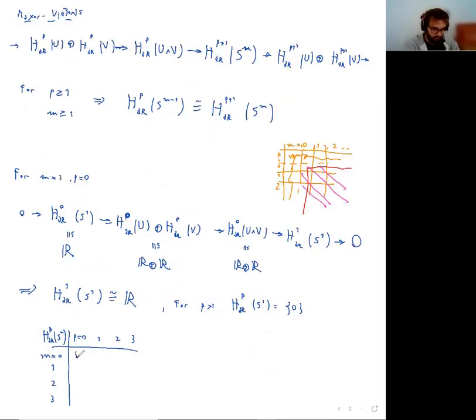So this is R^2. And remember that the thing I said, that you can lower indices and the whole diagonal is the same, it's only true from here. So it's not true here. So these are not all R^2s. In fact, we saw the 1, 1 is R. So this is what we just saw. And we also saw that for p greater than 1, these are zeros. All of these are zeros.